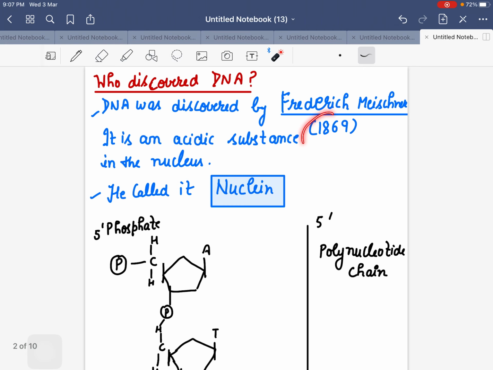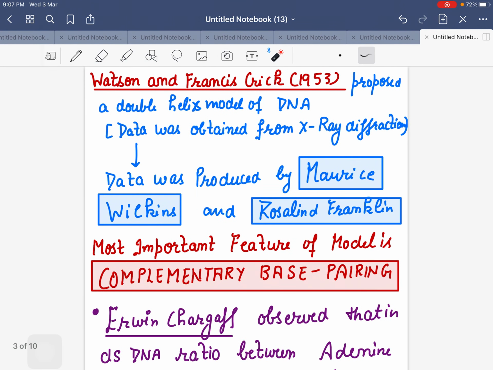Next is Watson and Francis Crick. Miescher discovered DNA in 1869, and Francis Crick and Watson proposed a double helical model of DNA. So who gave us the double helical model? Ki DNA is arranged in your double helical form, 2 strands it has. That was proposed by Francis Crick and Watson.